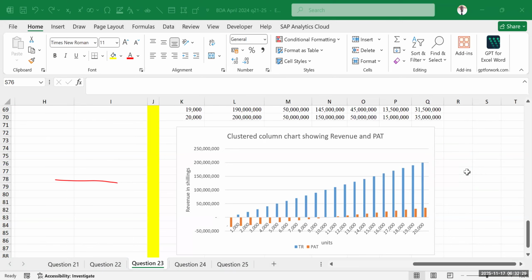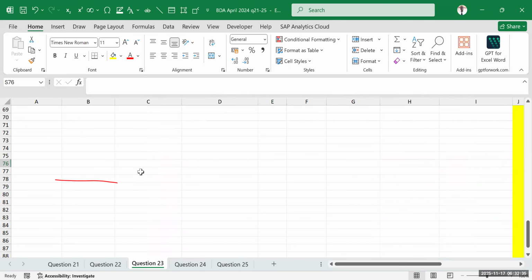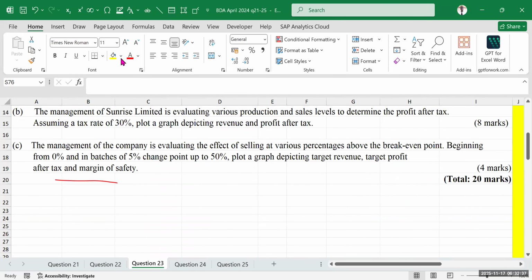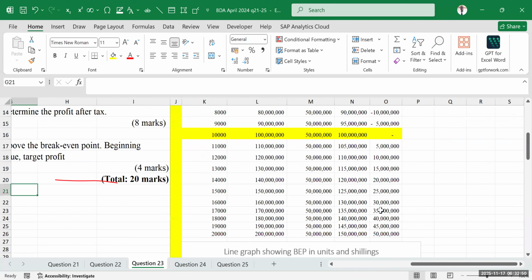Good. So, members, let's move to part C and see what the examiner was testing. I think the y-axis is the units and the x-axis is the revenue. I think it's vice versa. Why do you think so?